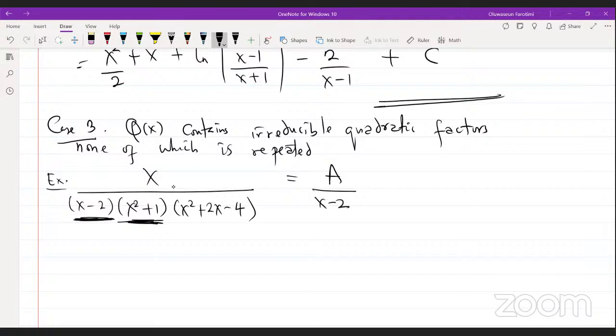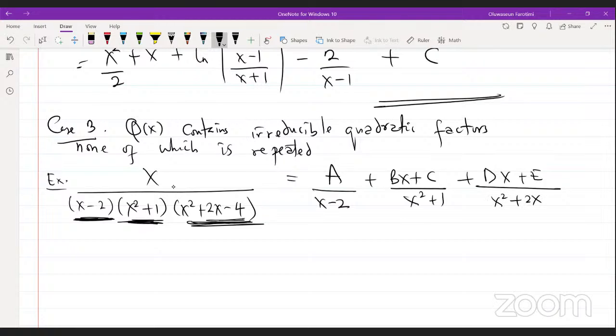So whenever you have a quadratic irreducible, you just do Bx plus C over x squared plus 1. What about the next one? Quadratic and irreducible. You cannot split it, so you have Dx plus E.